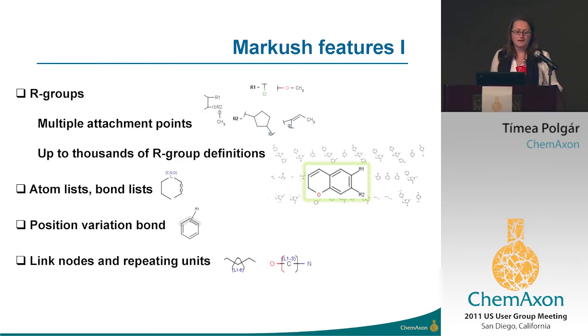What kind of Markush features can the ChemAxon software handle? This is a quick list of the features. Of course, we can handle R groups, multiple attachment points, and also up to thousands of R group definitions. So it allows you to manage combinatorial libraries as well.